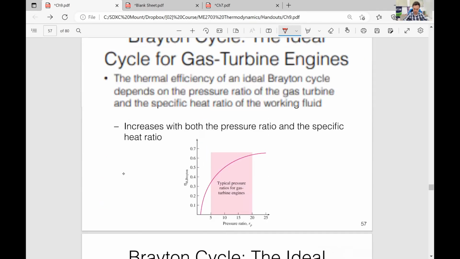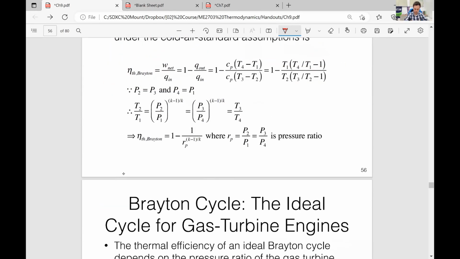So basically, we have efficiency, right? When the efficiency is maximum, that means the net work out is maximum, right? Efficiency and net work output are proportional to each other.